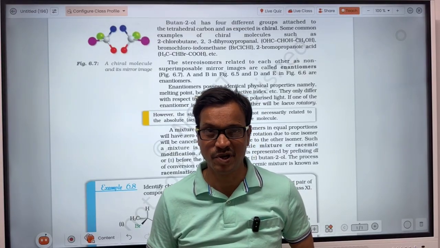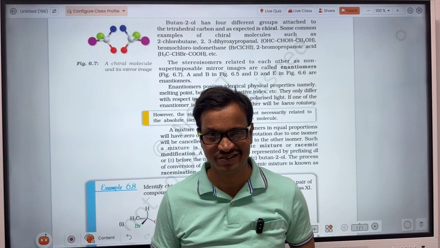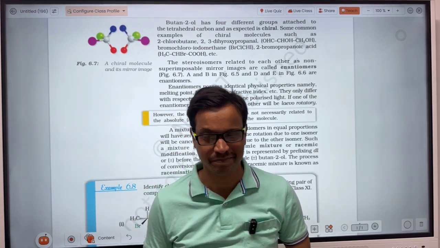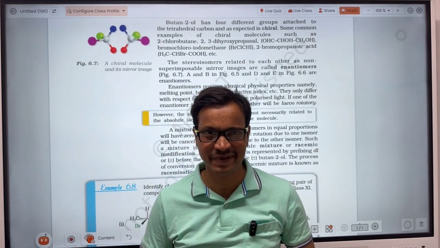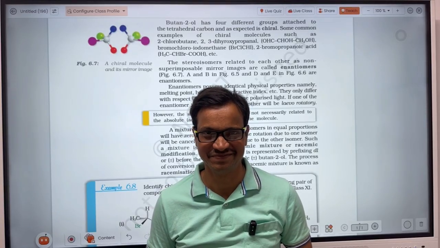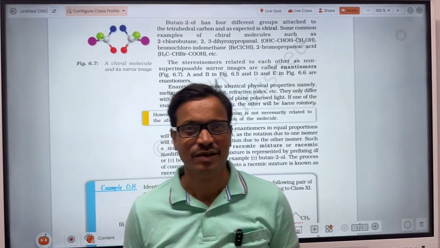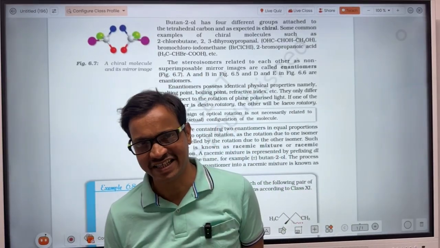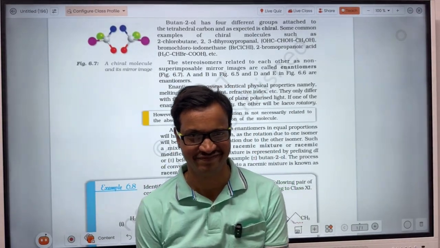But whether the compound will be dextrorotatory or levorotatory, you could predict only by doing the experiment, and not from the asymmetric carbon atom or symmetric carbon atom. Okay, so whether the compound will be dextrorotatory or levorotatory, that is an experimentally determined quantity.